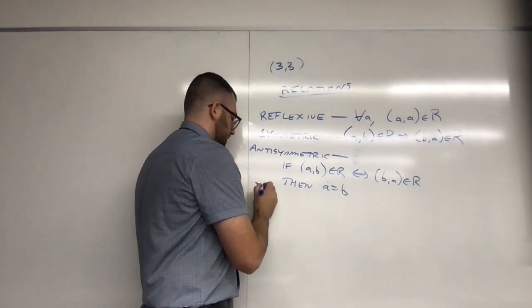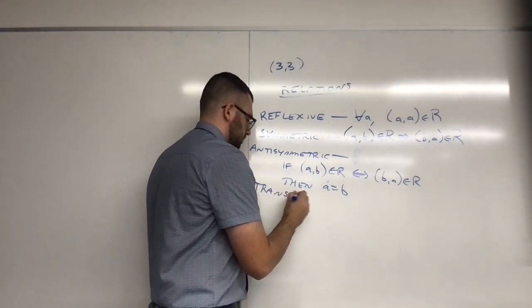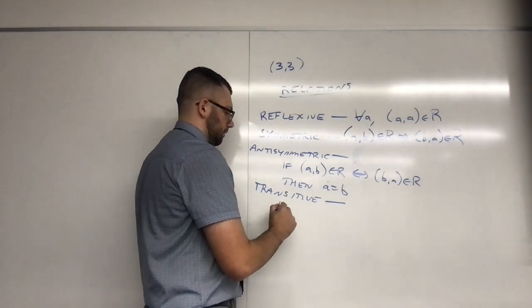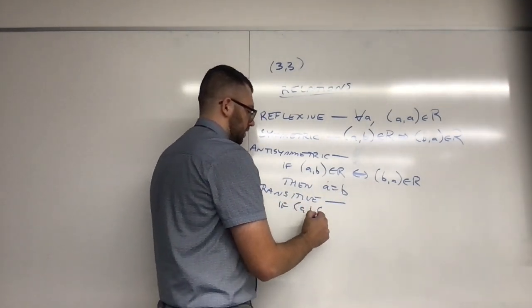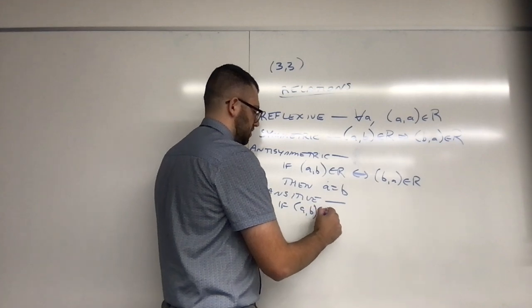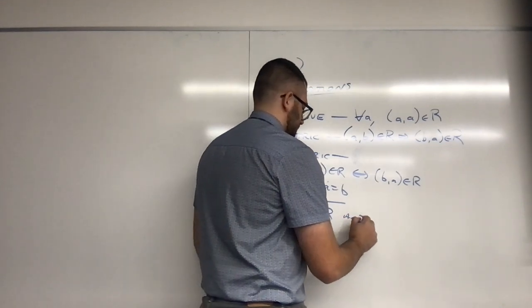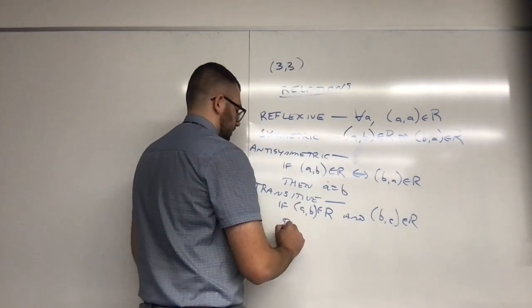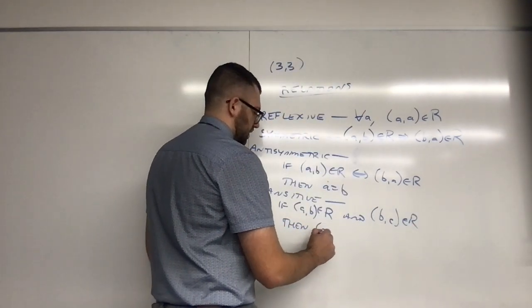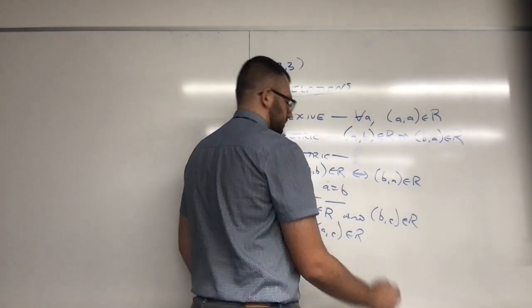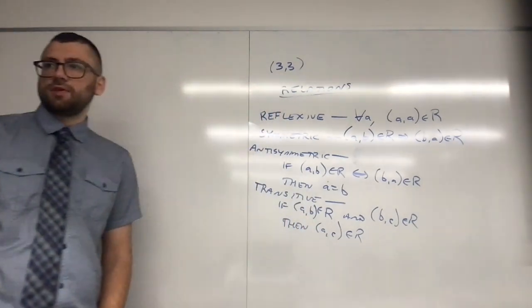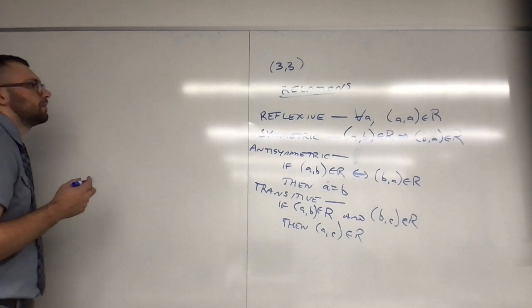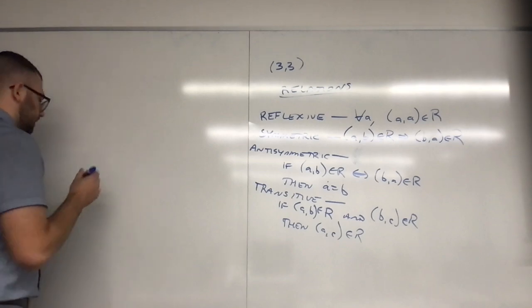The last one is transitive, which means that if (A, B) and (B, C) are in the relation, then (A, C) is in the relation. Does that make sense? Cool. We got that. That's a bit on relations.